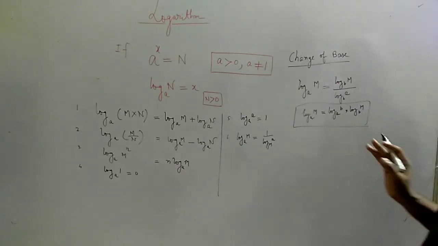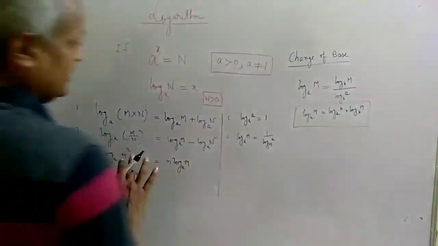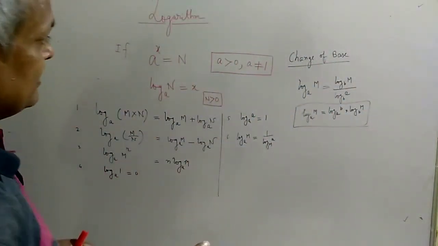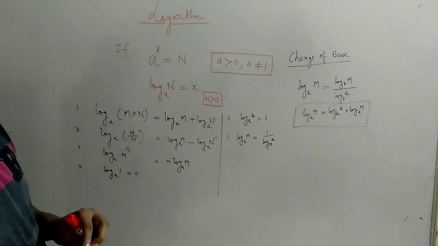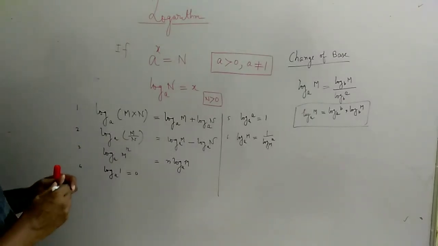Now, how to prove these relations? Nobody is going to ask you how to prove this relation, but if you are interested, I am just trying to explain it. But before that, I have to clear this.